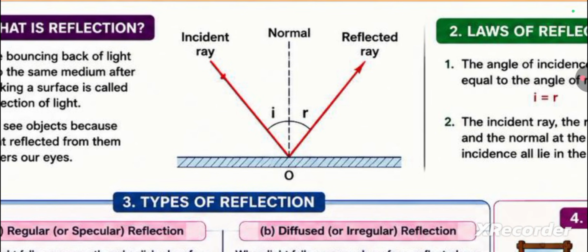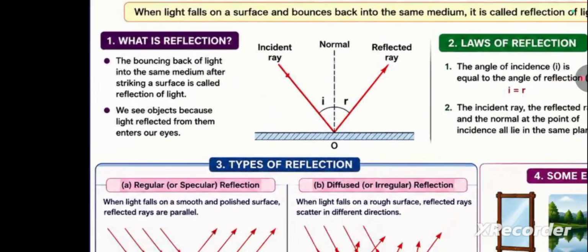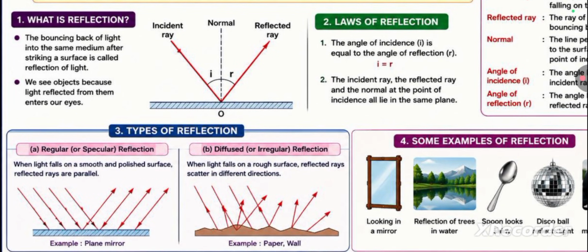Okay. Now we will do a small activity from our textbook. Activity 9.1 about reflection of light. The materials required are a mirror, a torch or sunlight, and a sheet of paper. The procedure is: take a plain mirror and place it on the table. Allow sunlight or torch light to fall on the mirror.